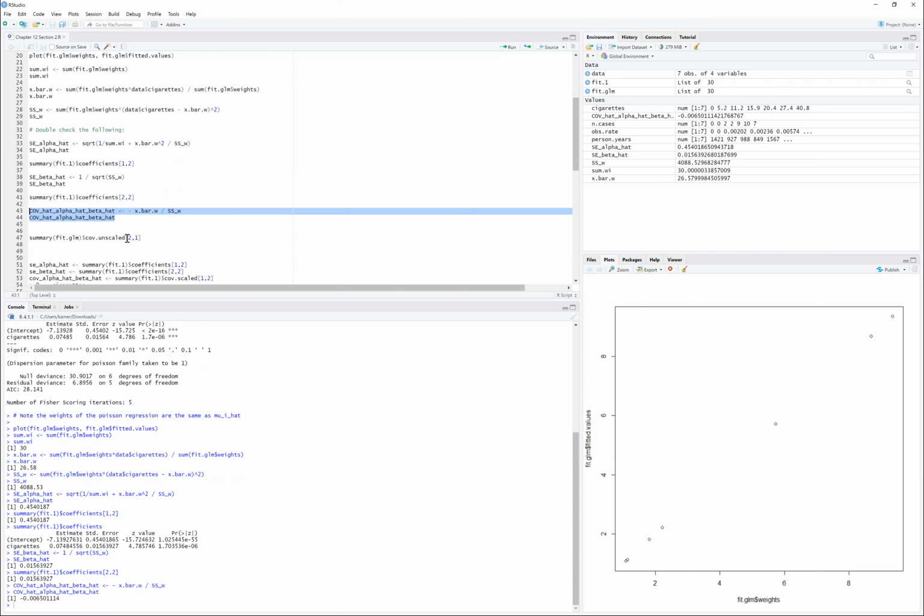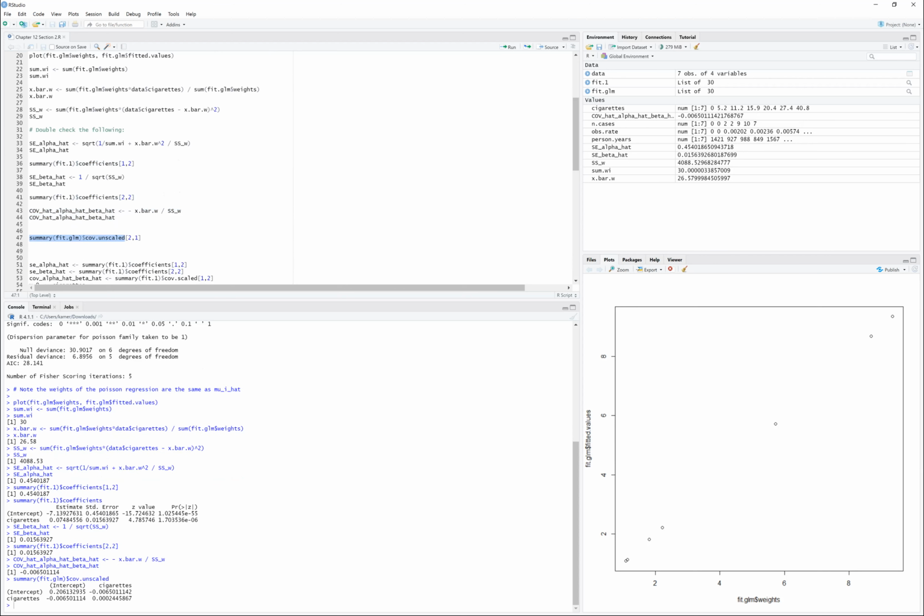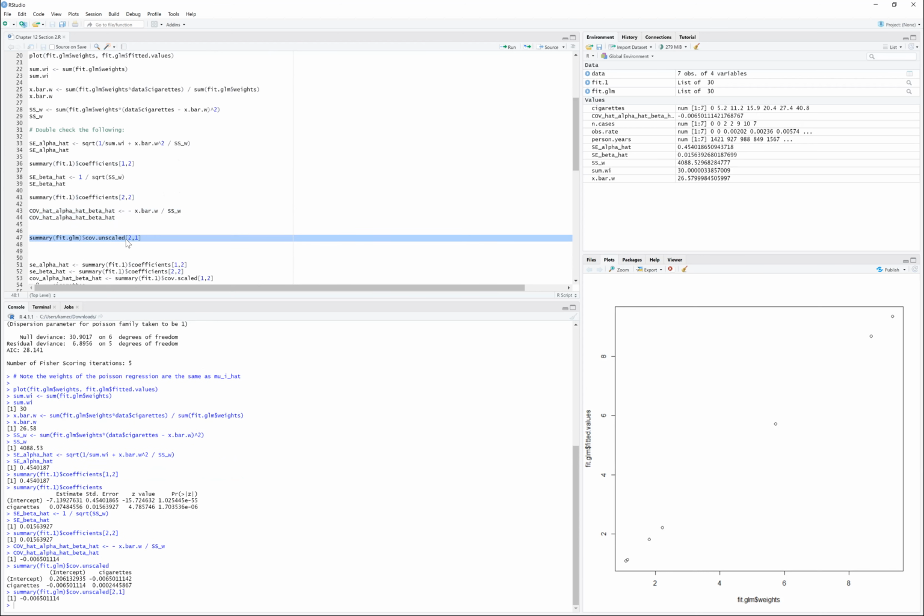Okay. If we wanted to, we could look at the summary of fit.glm$cov.unscaled. And if you notice, it's in the off diagonal. So we could have picked off the 2,1 element or the 1,2 element. Either one would have given us the same exact thing. But it doesn't really matter.